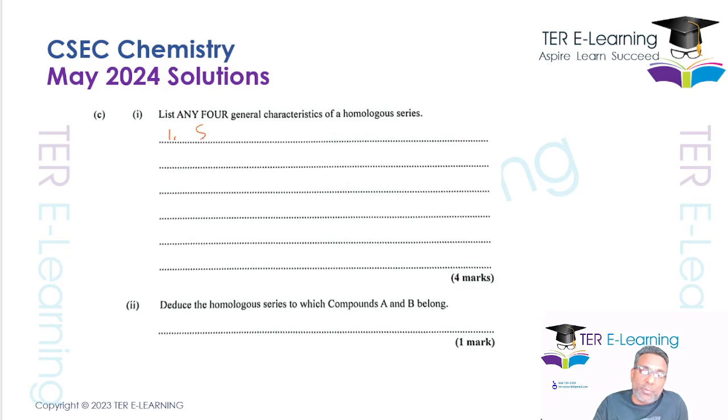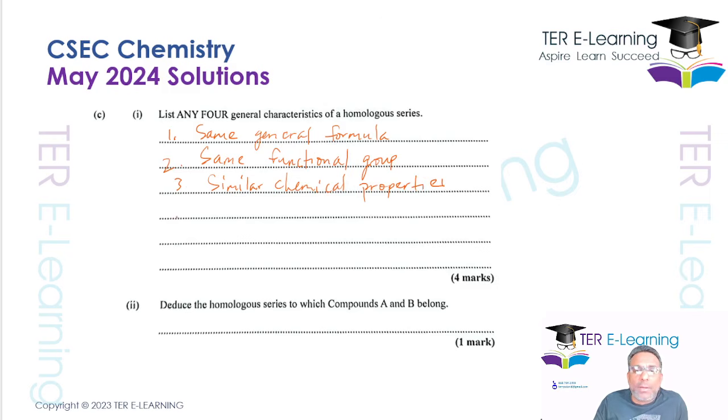So 1, same general formula. 2, same functional group. 3, similar chemical properties. 4, physical properties vary with the number of carbon atoms.